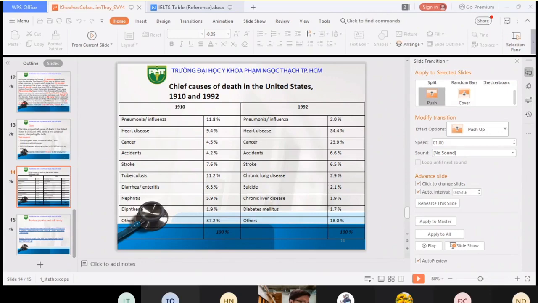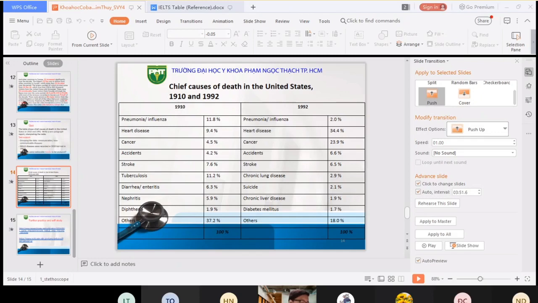This is 37.2. 40% is equal to 2/5, so this is around 2/5. 37.2 is roughly 2/5. And 1.9%, you can say a very tiny percentage of, right? Only 1.9.